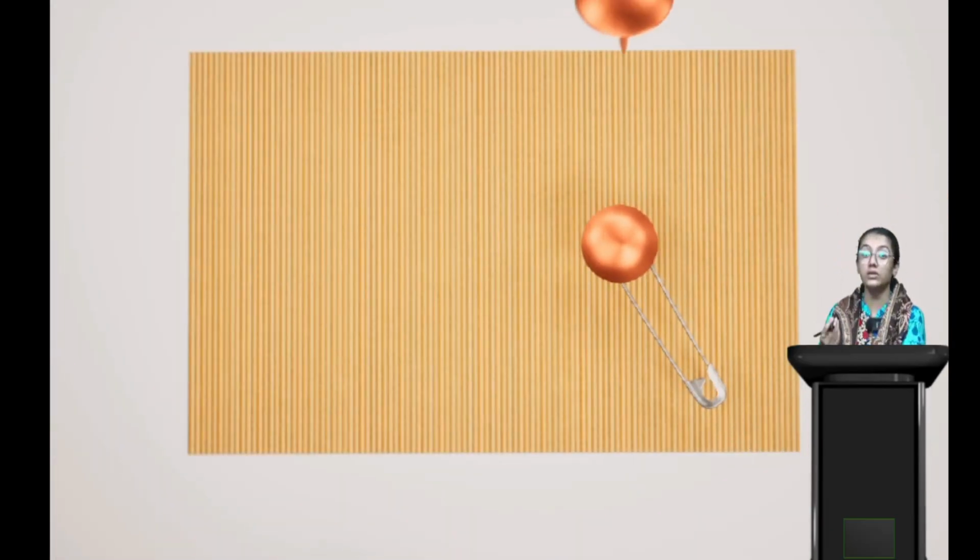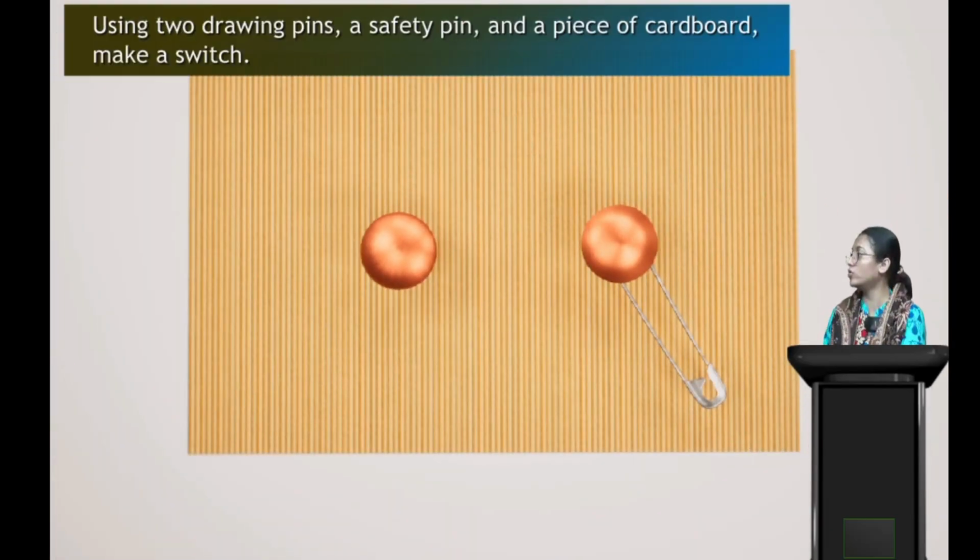Now we will be preparing one switch. So for that, what do we have to do? We have to take one cardboard and the two drawing pins which we have already collected. So using two drawing pins, a safety pin and a piece of cardboard, make a switch. How to prepare it?